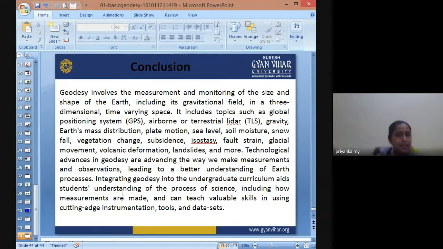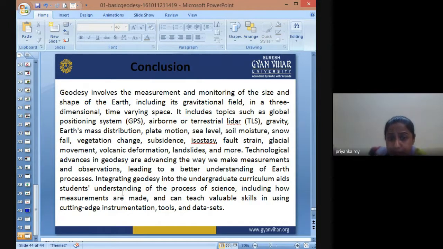So, concluding this, geodesy involves the measurement and monitoring of the size and the shape of the Earth, including the gravitational field, in a three-dimensional, time-varying space. It includes topics such as global positioning system, airborne or terrestrial lidar, gravity, Earth mass distribution, plate motion, sea level rise, soil moisture, snowfall, and varied dimensions.